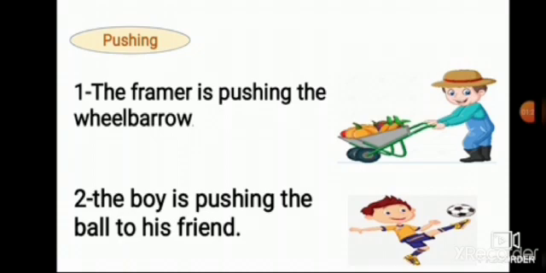When I kick the ball, it moves far away. So when the object moves far away from you, it's called push.